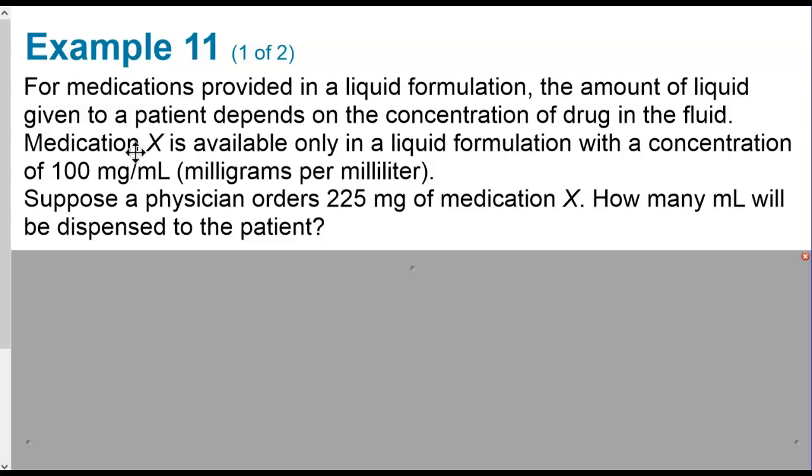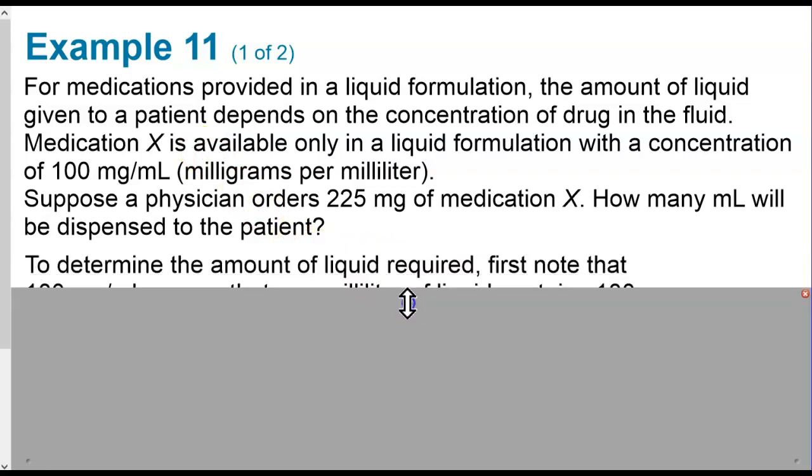It's 100 milligrams per milliliters. And suppose that the physician orders 225 milligrams of this medicine, how many milliliters will be dispensed to the patient? So one of the things we need to do is we need to make sure that we set this up understanding what we've got here.